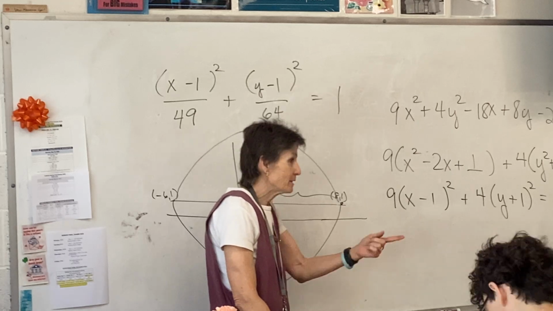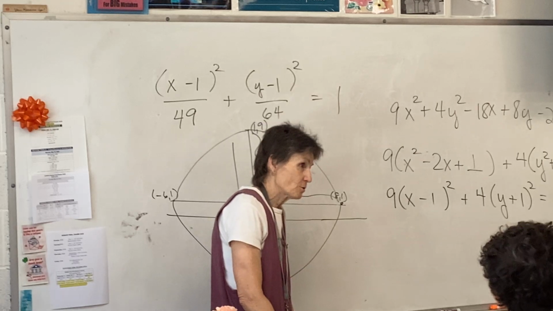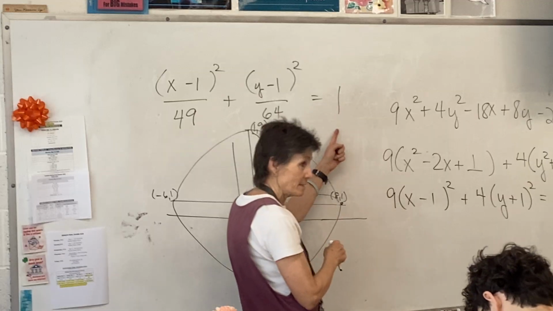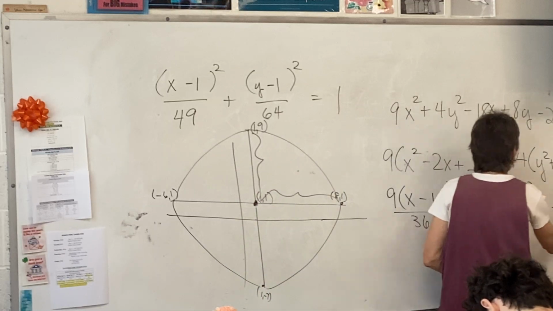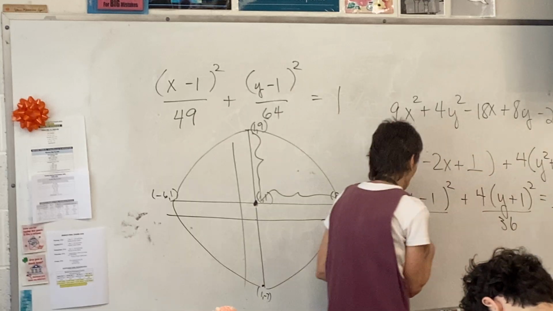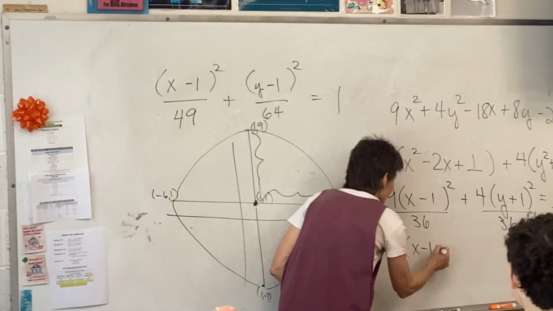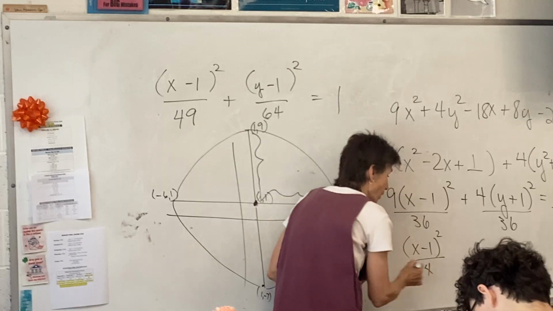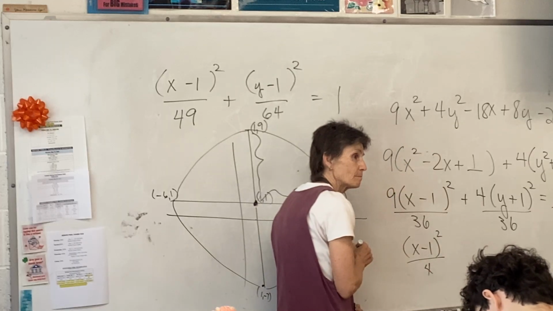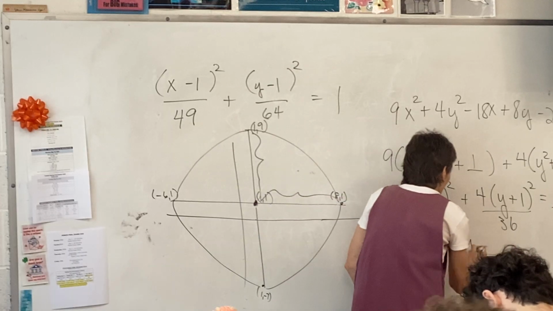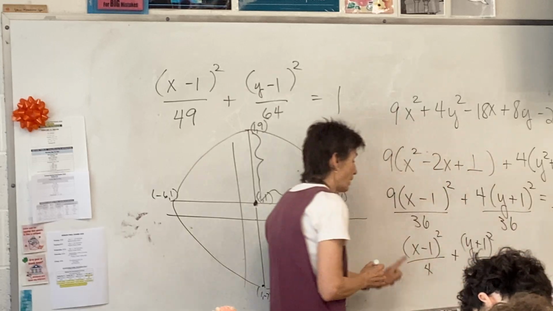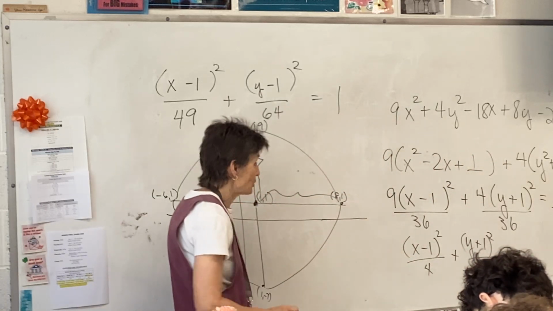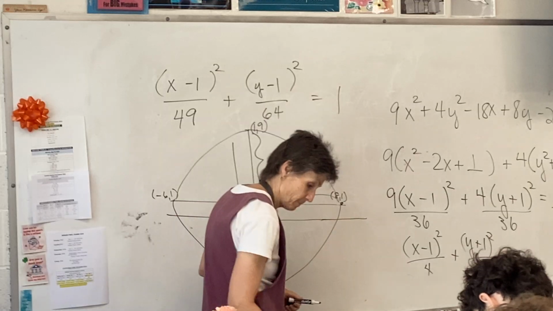Because now I'm going to divide by 36 to get the 1, and when I divide by 36, everything works out beautifully. So we have x minus 1 squared over 4 plus y plus 1 squared over 9 equal to 1. And there is your equation.